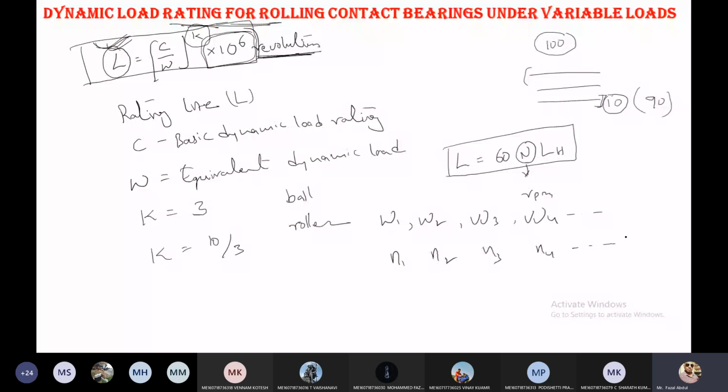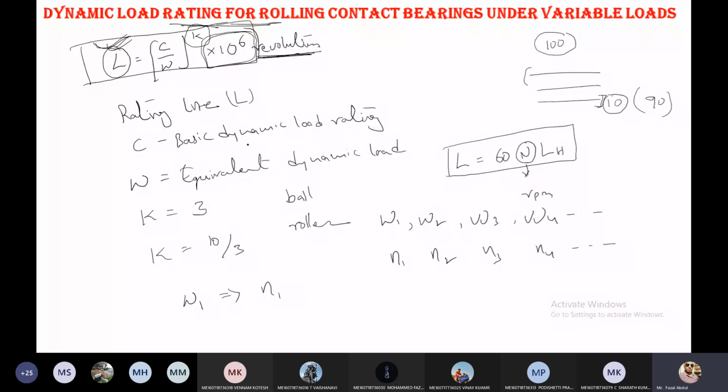Now, exclusively for the bearing working under the load W1, the respective number of revolutions is n1.